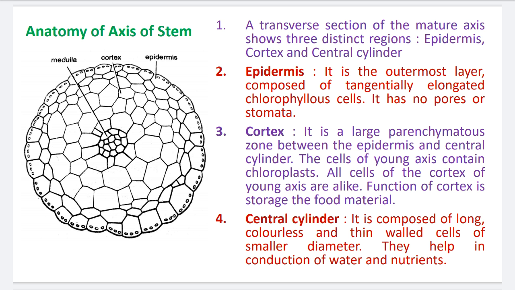Number 4, central cylinder. It is composed of long, colorless and thin-walled cells of smaller diameter. The cells of the cortex show a larger diameter, but in the central cylinder the cells are smaller in diameter.